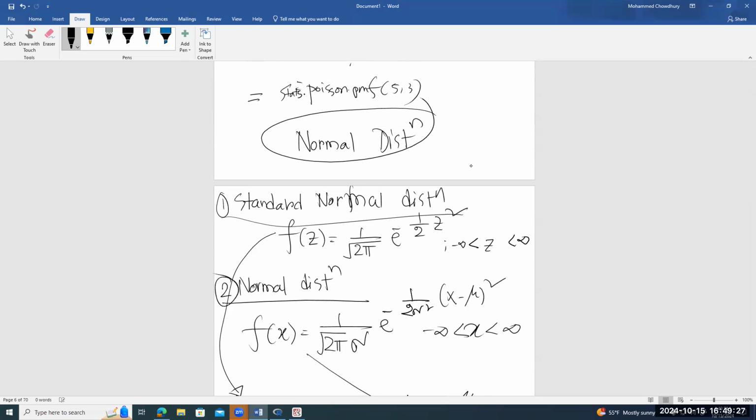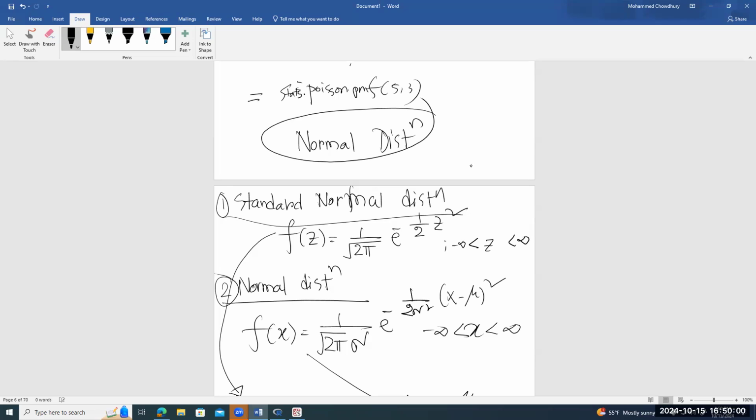Clear, right? Standard normal distribution has a mean 0 and standard deviation 1. And normal distribution has a mean mu, standard deviation sigma. Clear, right?